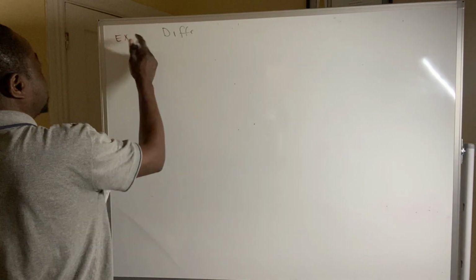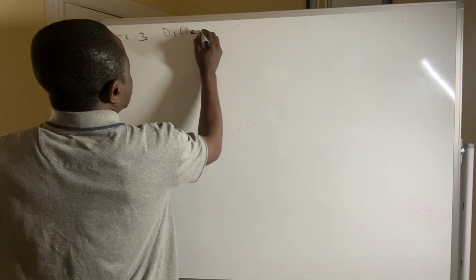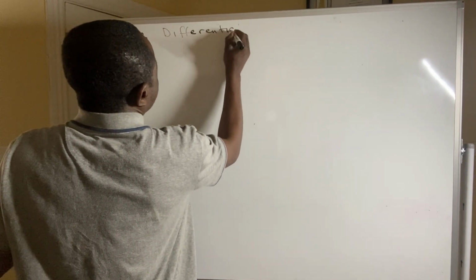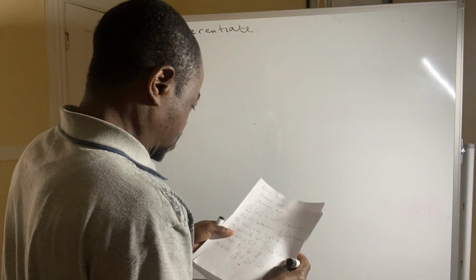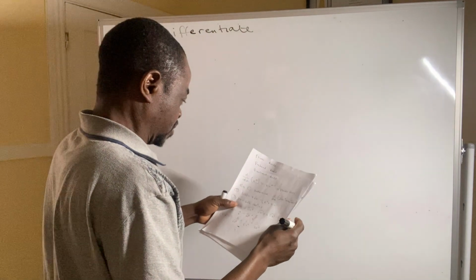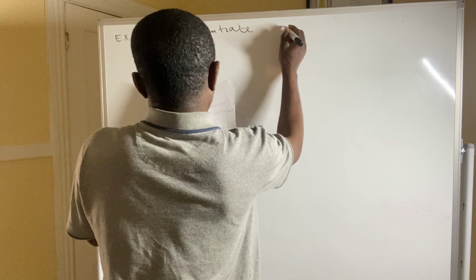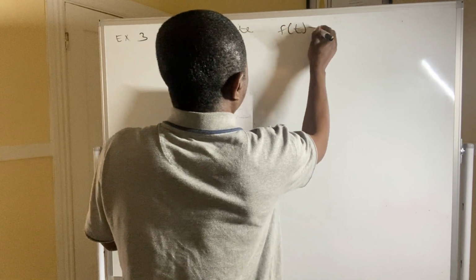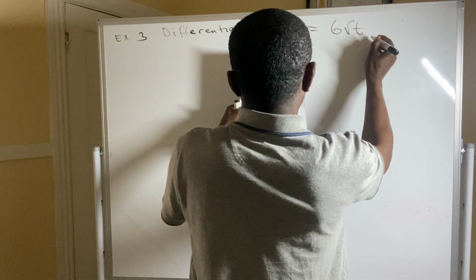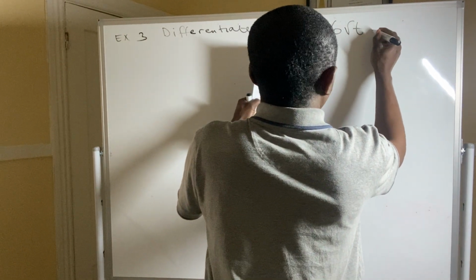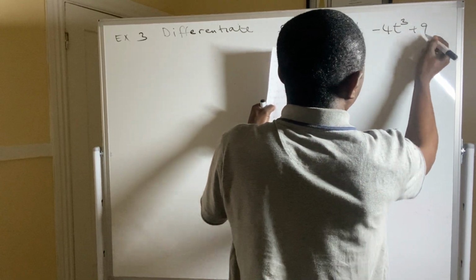So let's look at example 3. Differentiate f of t is equal to 6 root of t minus 4t raised to the power 3, then plus 9.